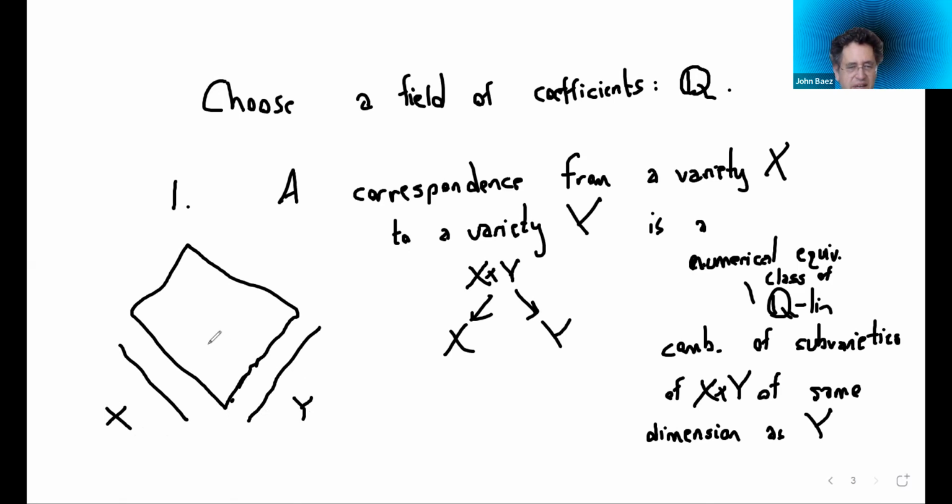So X and Y could be lines and the cycle could be like a circle. This is a very symmetrical example. Sure. For some reason your example reminds me of something I've thought of, but I can't remember what it was.